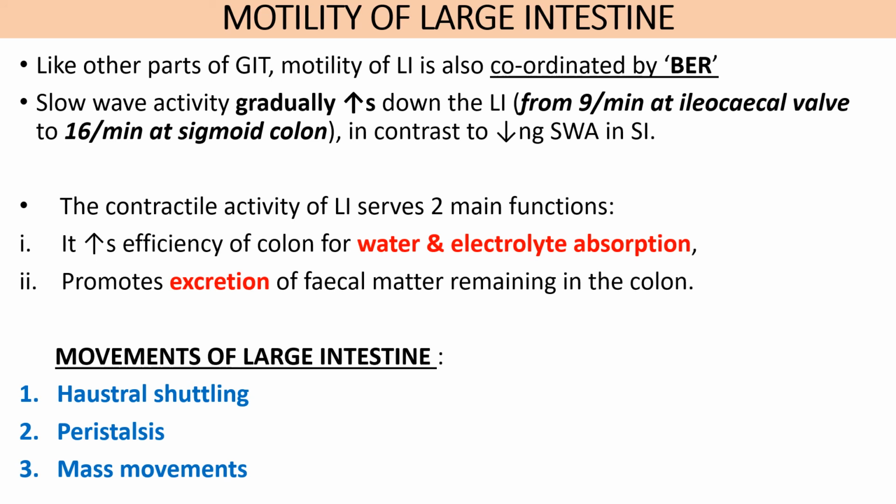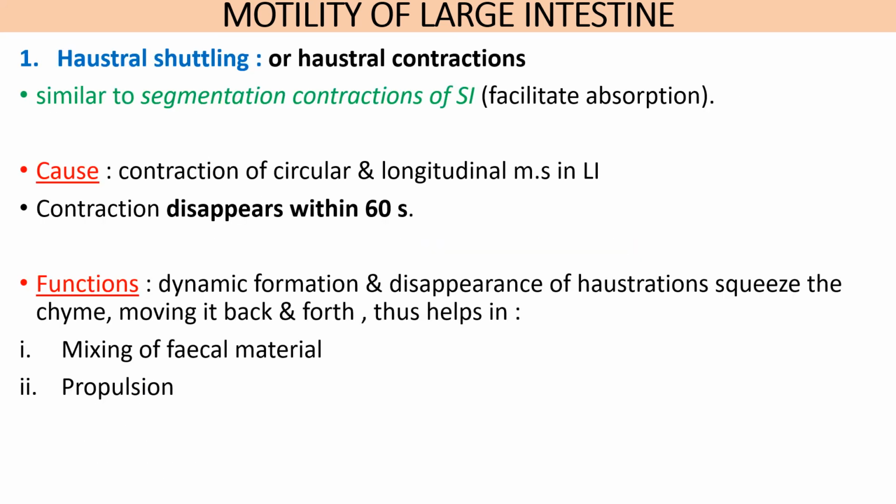The three main movements of the large intestine are haustral shuttling, peristalsis, and mass movements. Haustral shuttling or haustral contractions are similar to the segmentation contractions of the small intestine that vigorously mix the contents of the colon and, by exposing more of the contents to the mucosa, facilitate absorption.